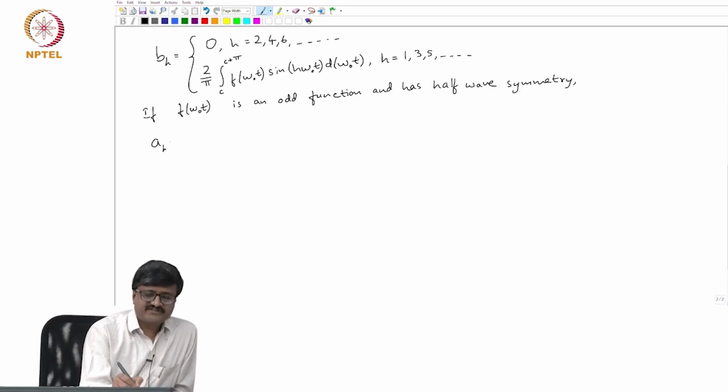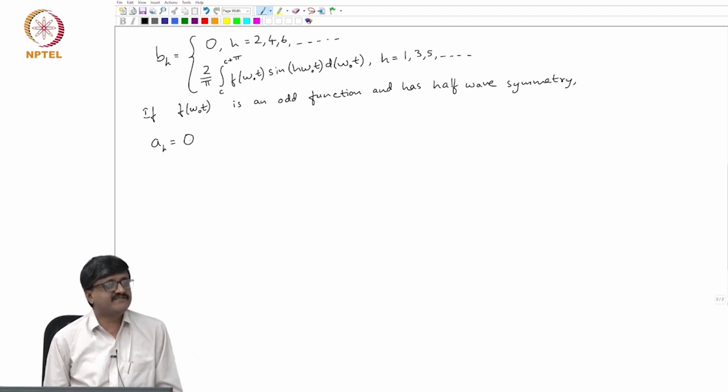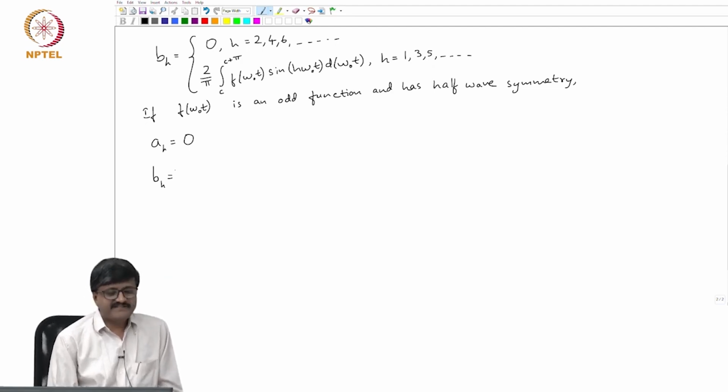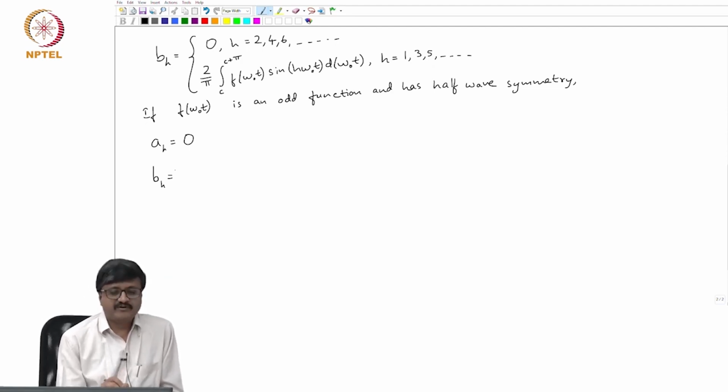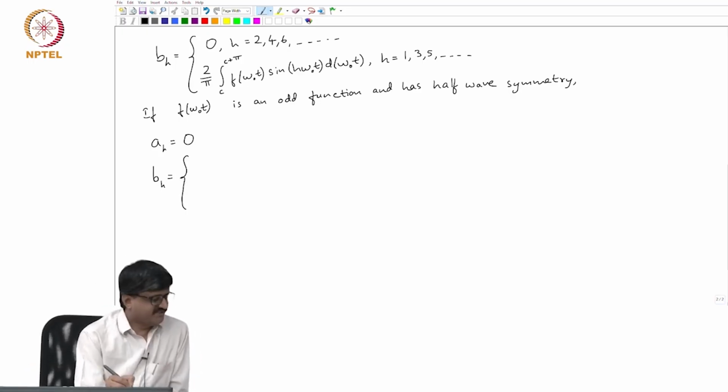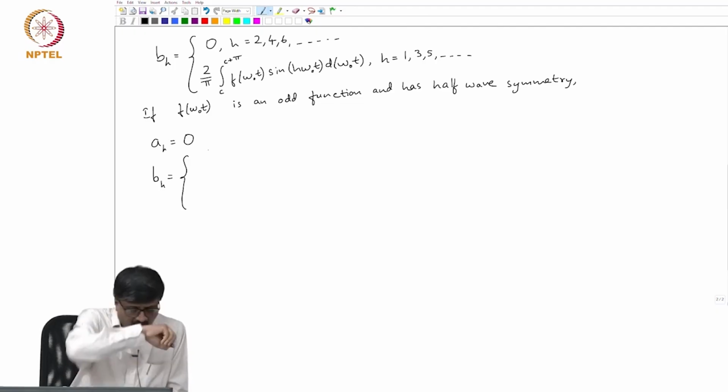In this case what is a h? We know that for an odd function a h is 0. And what about b h? If you look at b h, since it has half wave symmetry, for even values of h, b h is 0. So, I get two expressions for b h.